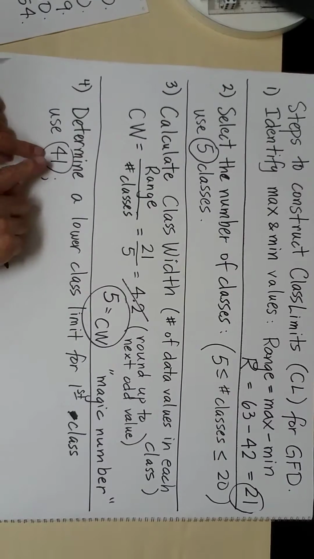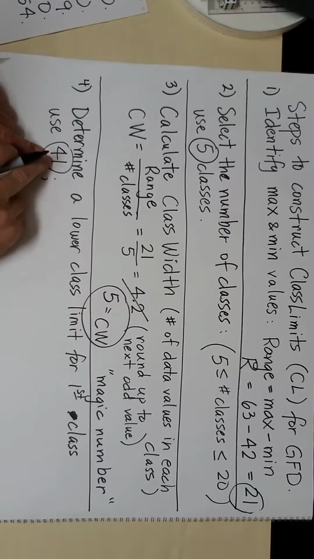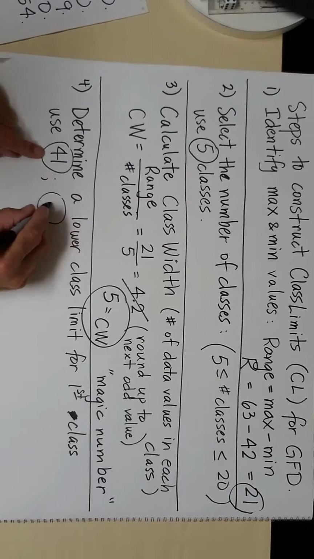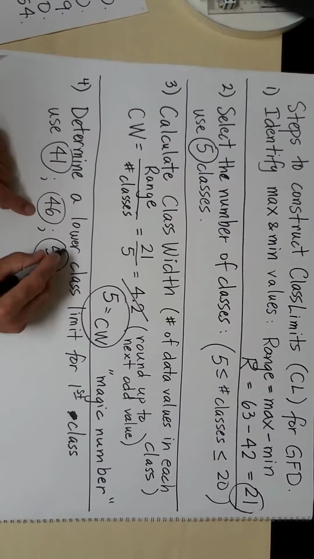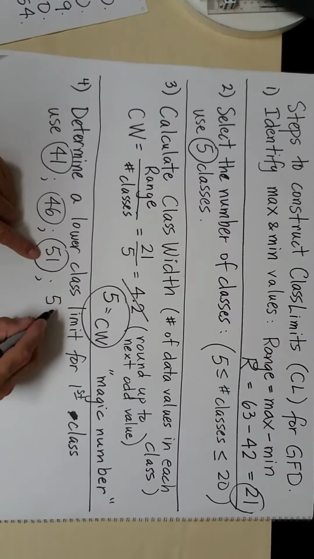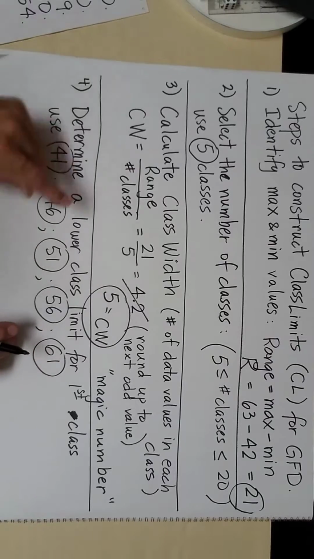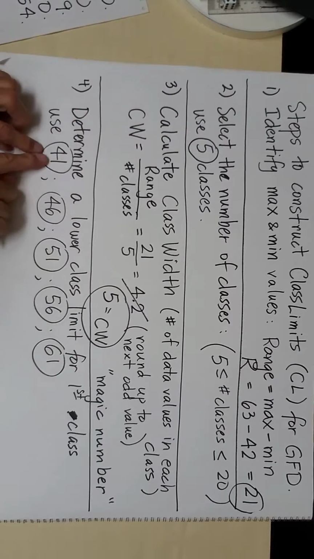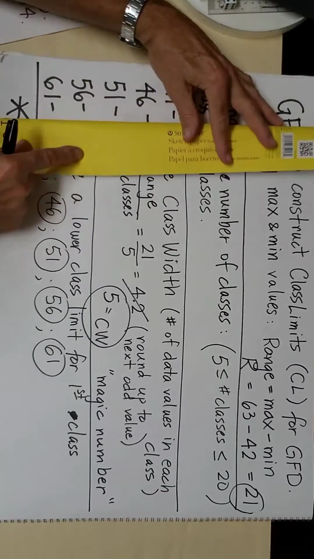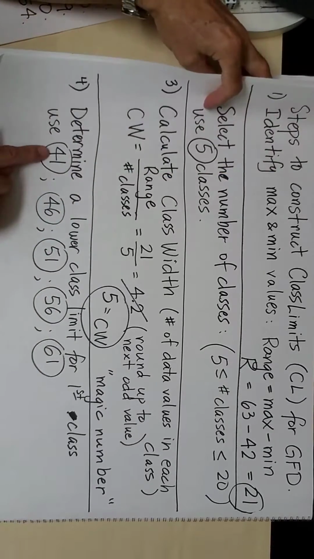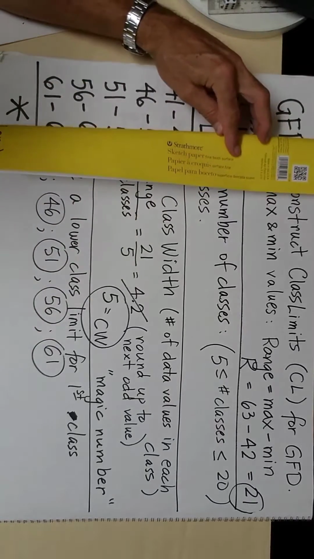So 41 plus 5, here's where you use your 5, will give you a 46 for the second group, a 51 for the third group, 56 for the fourth group, and 61 for the fifth and final group. So I'm writing here what the lower class limits should be. And if I've done this correctly, that's what you see. 41, 46, 51, 56, and 61.